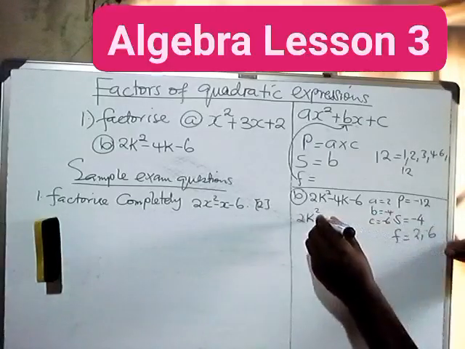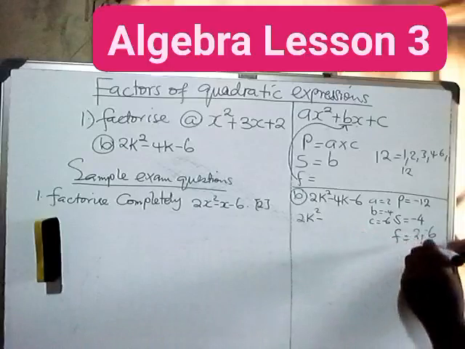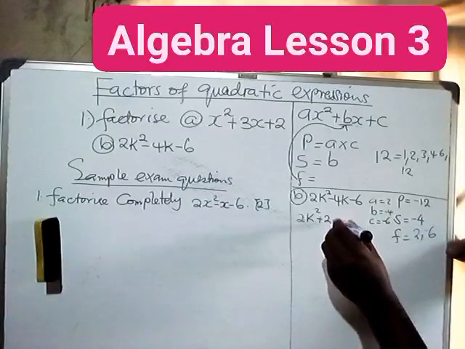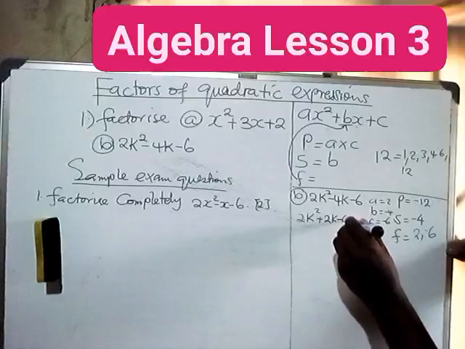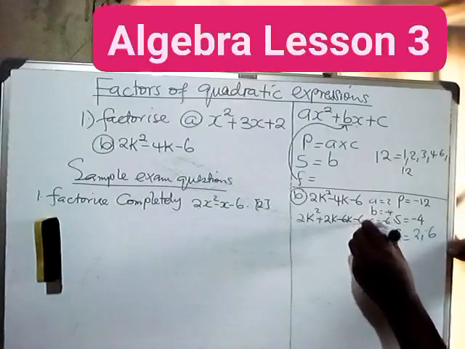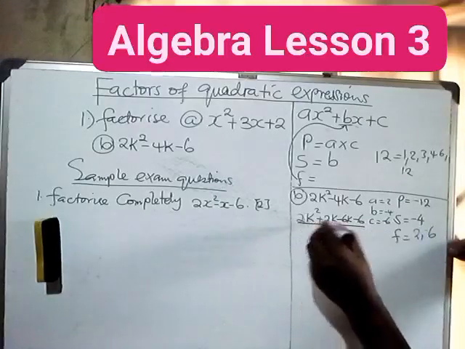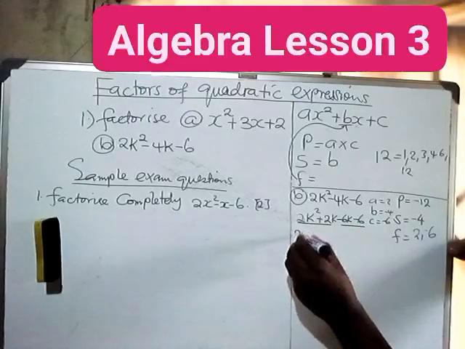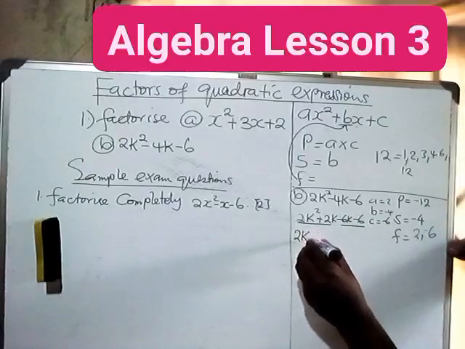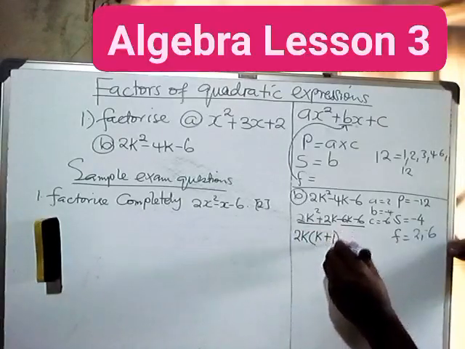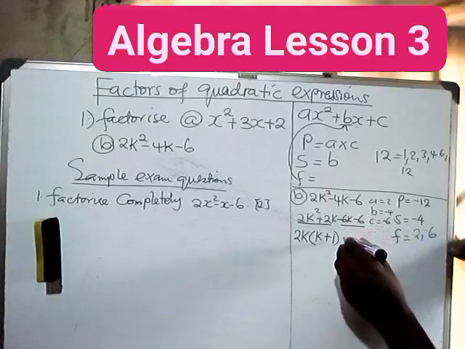So we are going to have 2x squared. We replace negative 4 with these factors, so we have plus 2x minus 6x minus 6. Then we factorize them separately. Which one is common here? It is 2x, then we remain with x plus 1. Which one is common here?